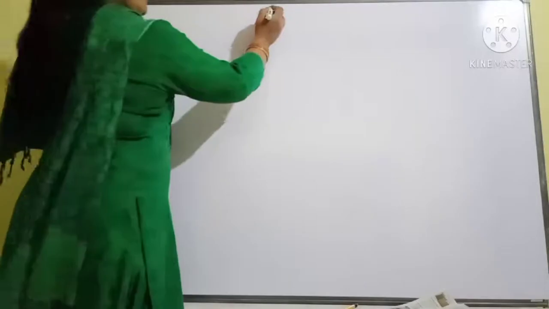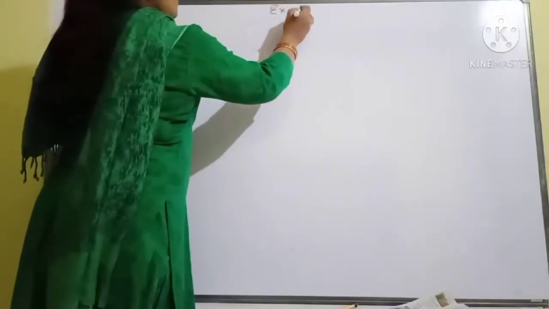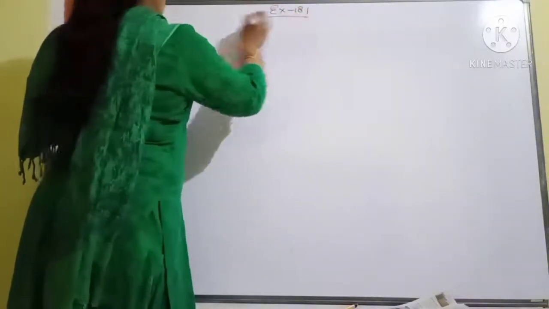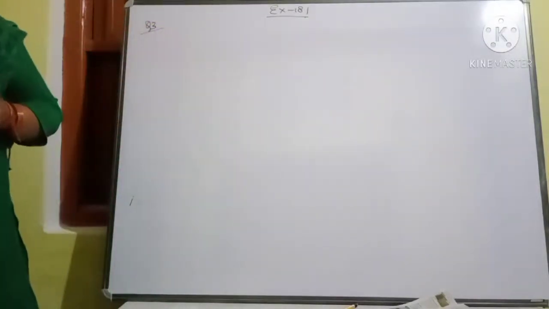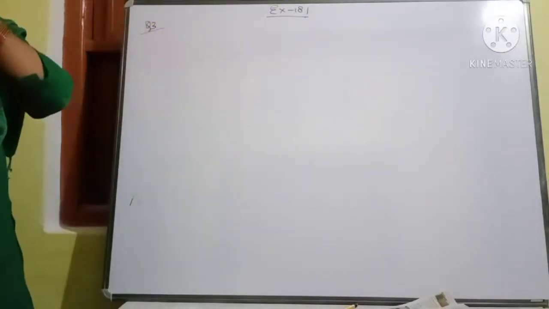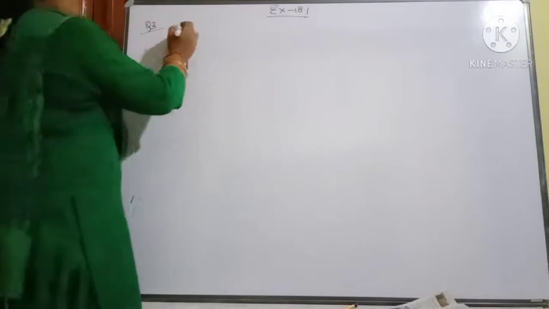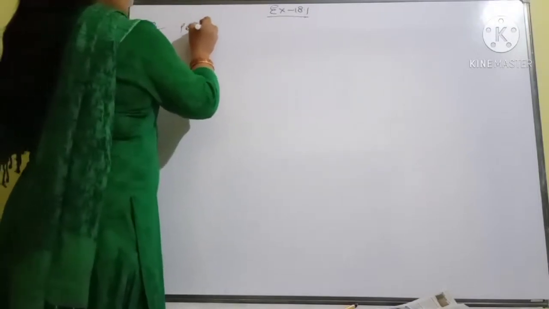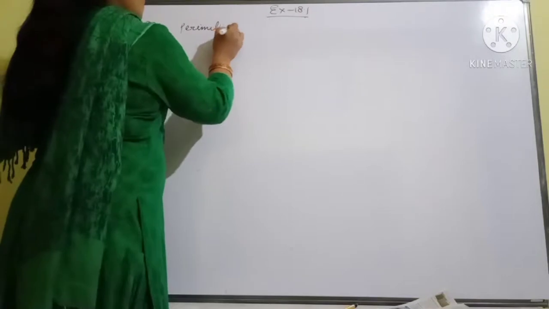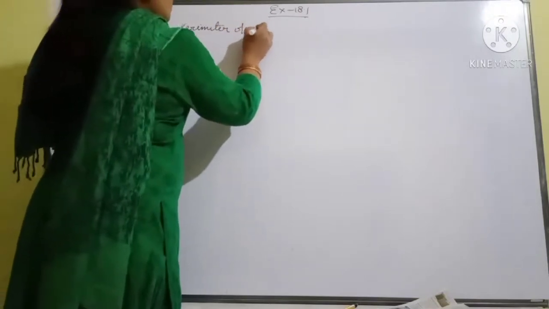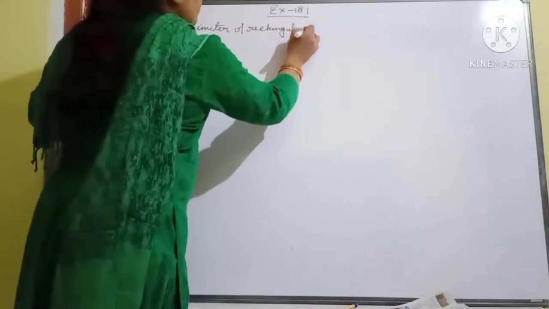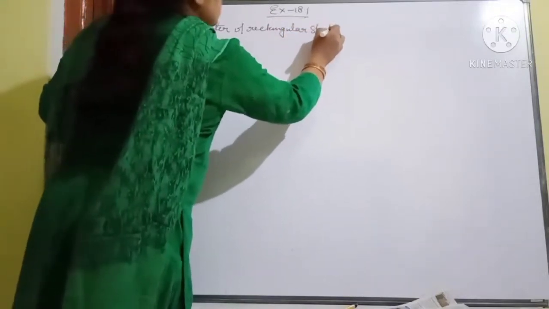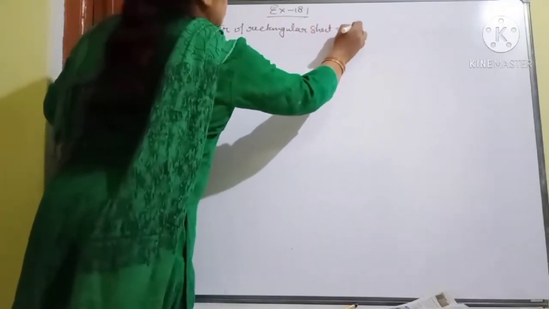Now see, beta, question number 3 of exercise 18.1 which we are doing, this time we are going to solve question number 3. The perimeter of a rectangular sheet is 120 centimeter. Perimeter of the rectangular sheet is equal to 120 centimeter.